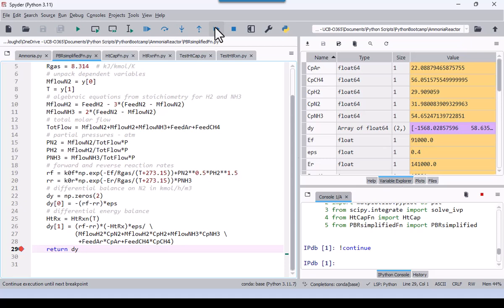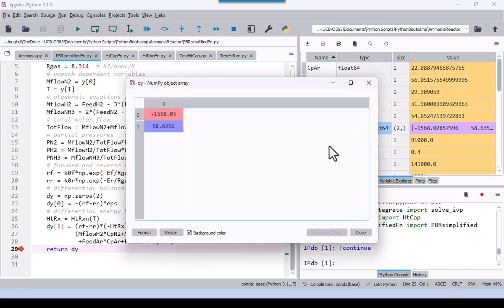And here it stops here, and we can come over and we can examine all of our values and check them out. And in particular, we can be interested in our derivatives, all right, for flow of nitrogen.